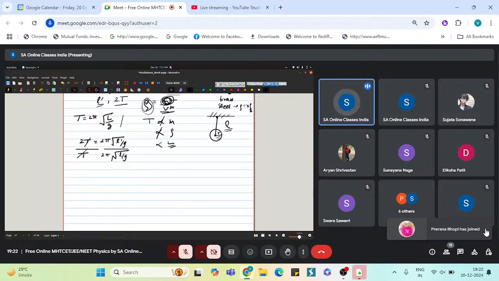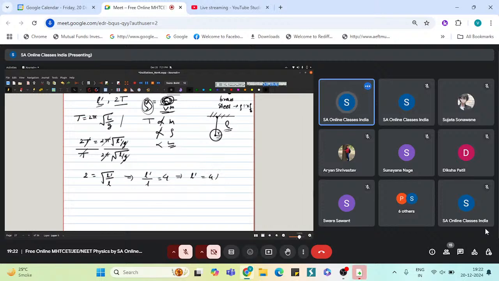Then T will cancel, 2π will cancel, and g will also cancel, and what you will see is 2 is equal to root of L dash upon L. We'll take the square, and that means L dash upon L is equal to 4, which means L dash is equal to 4L.